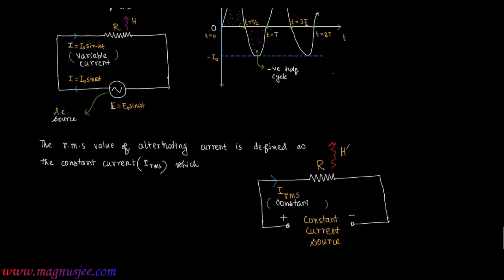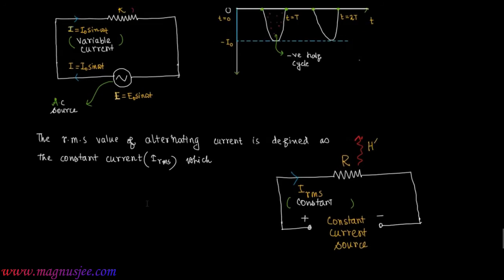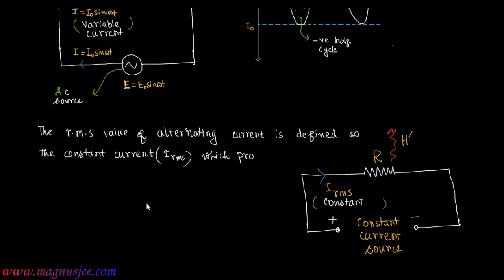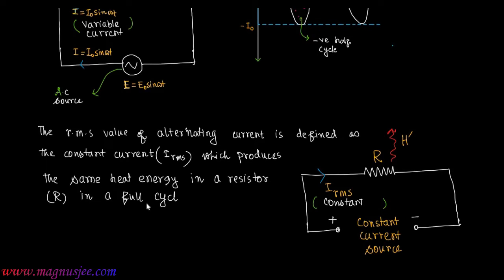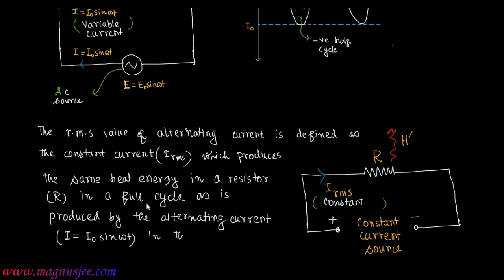The resistance capital R produces a heat energy H prime when the constant current I RMS flows through it. The RMS value of alternating current is defined as the constant current which produces the same heat energy in a resistor R in a full cycle as is produced by the alternating current I equal to I0 sine omega t in the same resistor in the same cycle, or in the same interval of time.